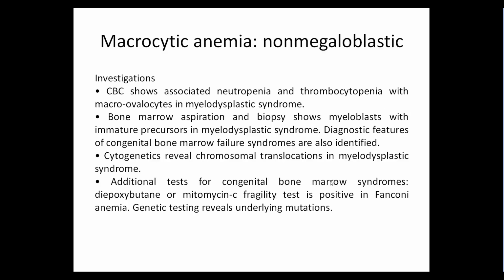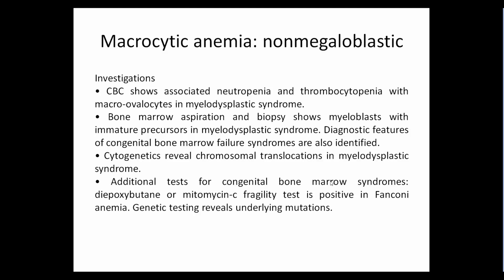Investigation. CBC shows associated neutropenia and thrombocytopenia with macro-ovalocytes in myelodysplastic syndrome. Bone marrow aspiration and biopsy show myeloblasts with immature precursors in myelodysplastic syndrome. Diagnostic features of congenital bone marrow failure syndrome are also identified.